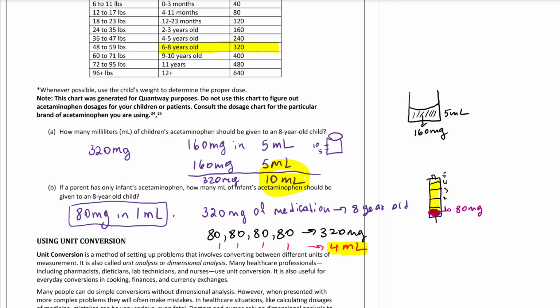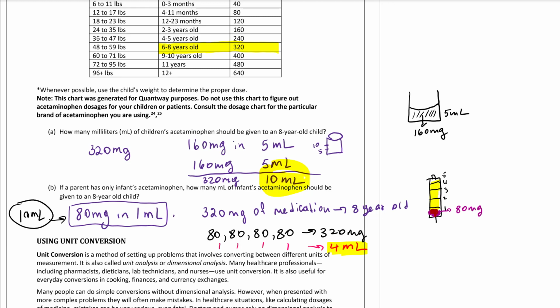And that is very important, because what if we mixed it up? What if we mixed it up and said, oh, well, it doesn't matter, infant or children. You're used to giving a child 10 ml because that's the dosage for children's acetaminophen, right? You give 10 ml, but you mixed up and you give 10 ml of this. What happens when you give 10 ml of this one?